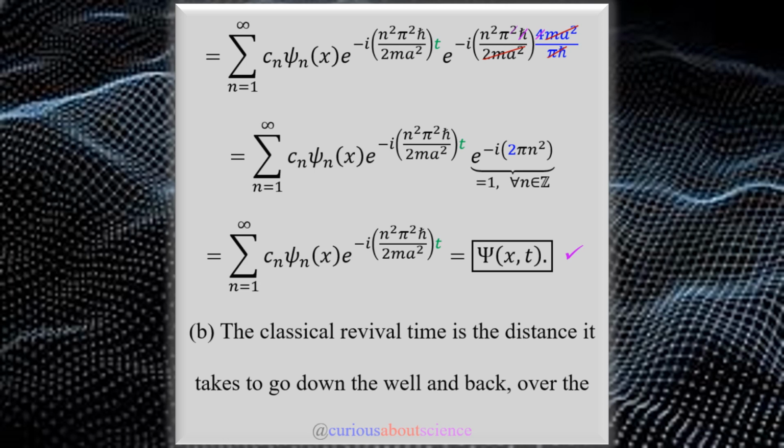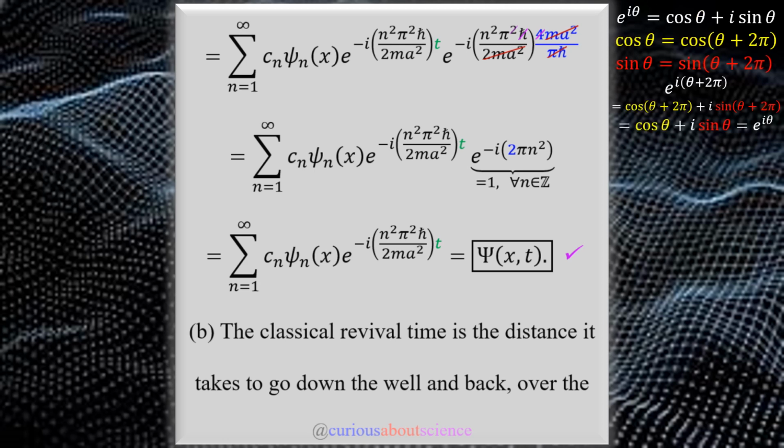Reason being is because of Euler's identity, which we've seen before. So here, let's quickly note that e to the i theta is equal to this expansion. We've seen that before. But we know that cosine is 2 pi periodic, and sine is 2 pi periodic.